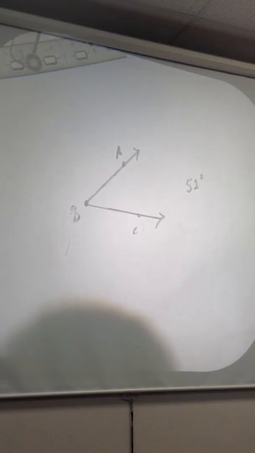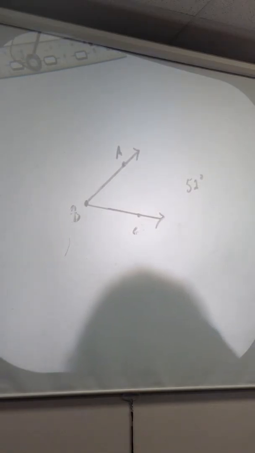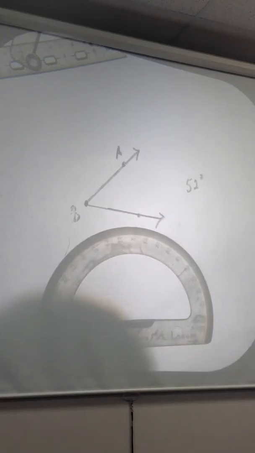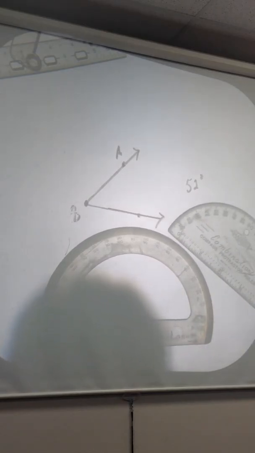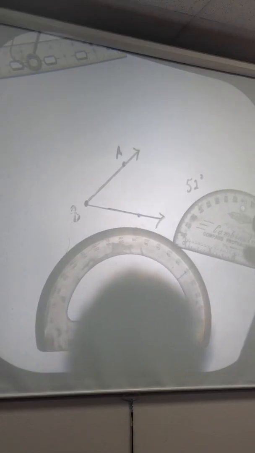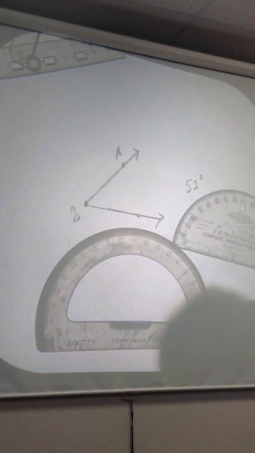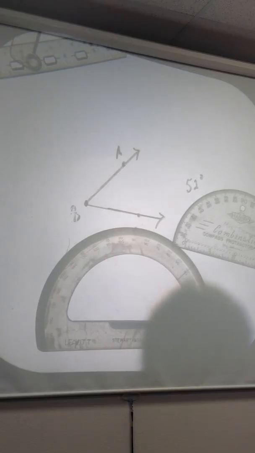And that's that kind. Of course, then there are old-fashioned ones like that. And there are little ones like this. Okay? But regardless of what kind of protractor you have, determine where the 0 side is, because they open from 0. They do not open from 180.